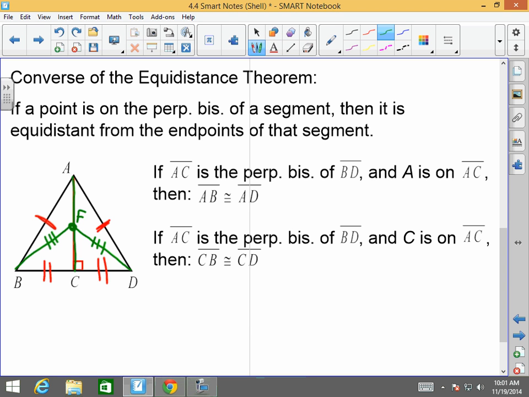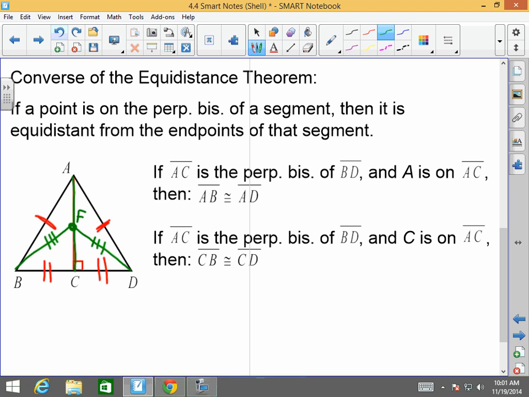Does this make sense? Think about it. AC is the perpendicular bisector, right? That means any point on AC will be equidistant to the endpoints of the segment that it is the perpendicular bisector of.